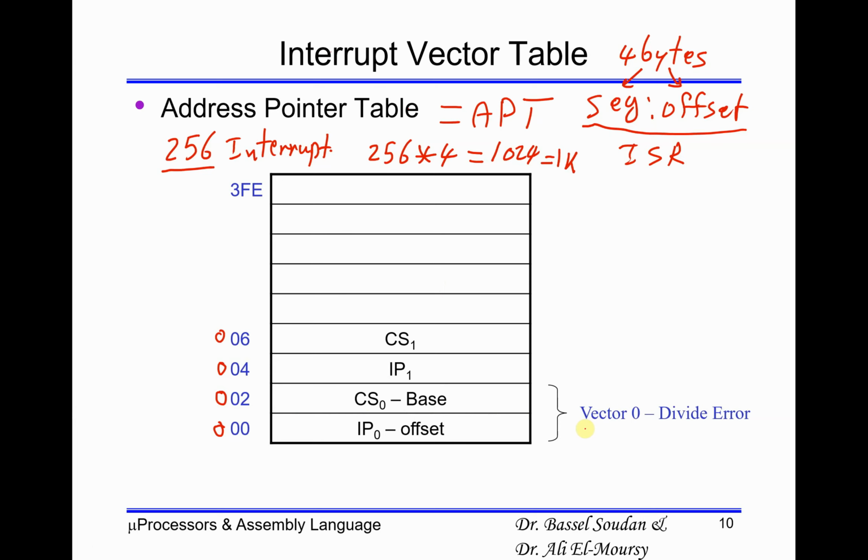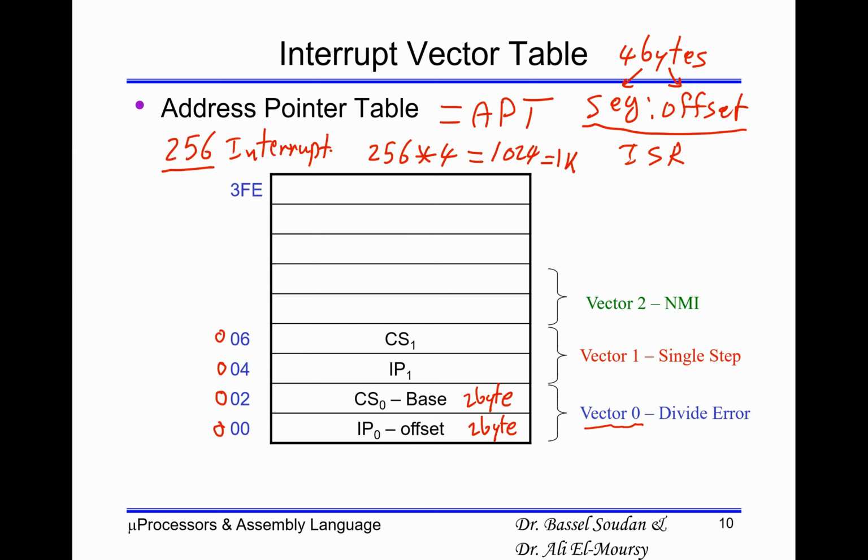So for vector 0, or interrupt 0, I have 4 bytes: 2 bytes for the IP, followed by 2 bytes for the CS. Those 4 bytes store the offset and segment for interrupt number 0. Then the next is vector 1, and so on.